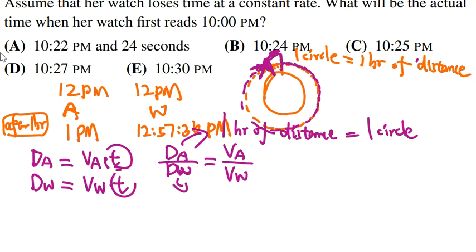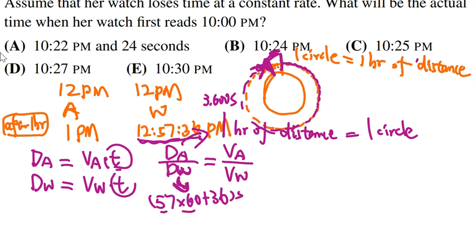And this dW is going to be, okay, since it has minutes and seconds, maybe we can convert this 1 hour of distance into 3,600 seconds of distance. So her watch, Cassandra's watch, is going to be this amount of time of distance, right?